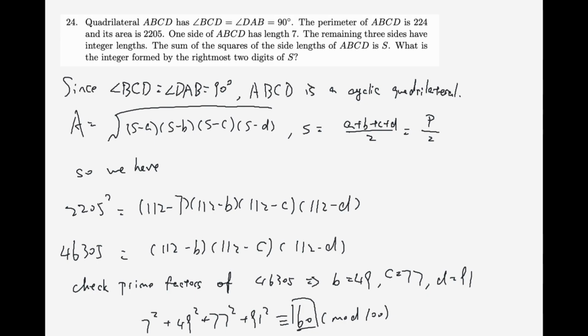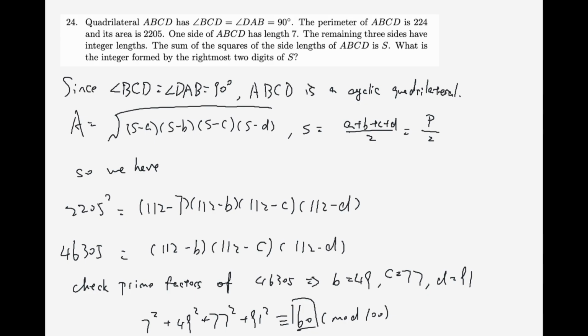First of all, because angle BCD is equal to angle DAB equal to 90 degrees, ABCD is a cyclic quadrilateral, because angle BCD and angle DAB are opposite angles and they add up to 180 degrees.